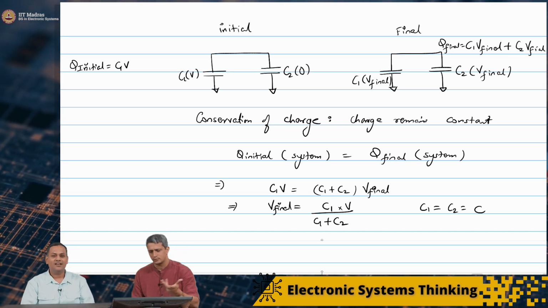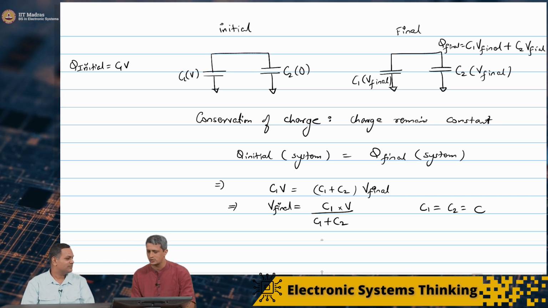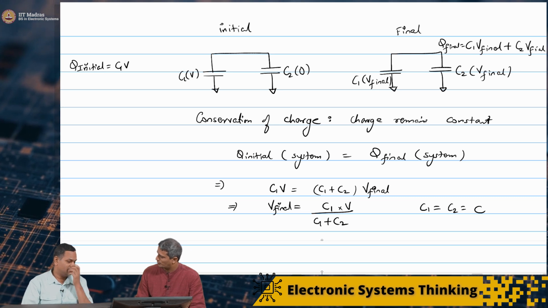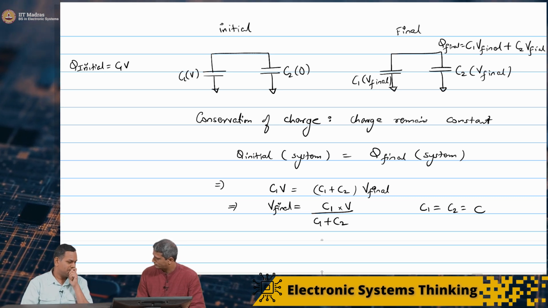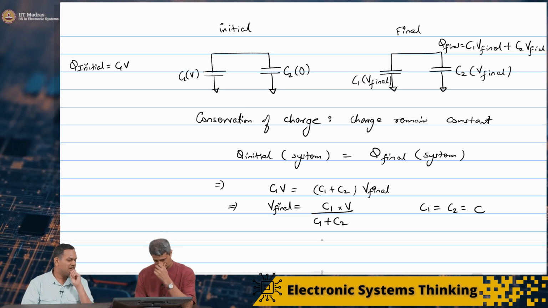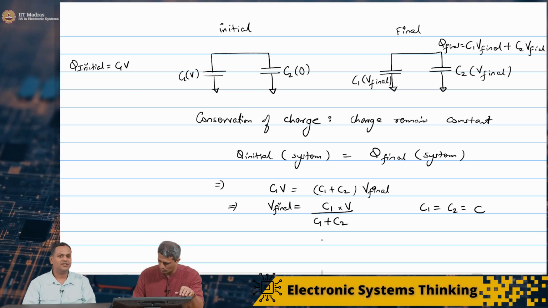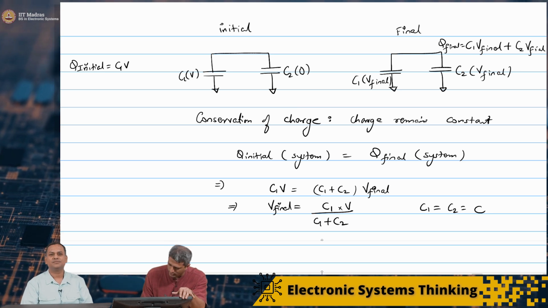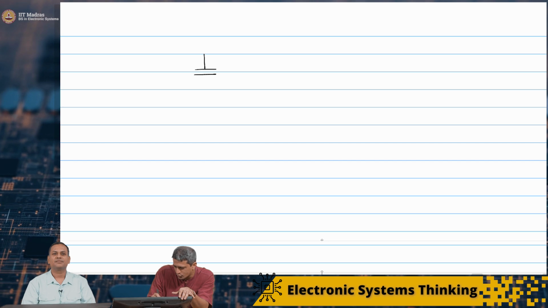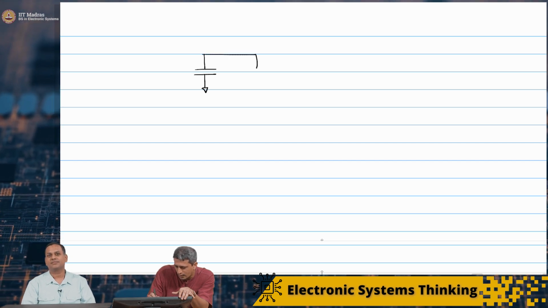We looked at conservation of charge, but what happens to energy? Energy seems to be off, slightly. Let's try it out for the simple case of C1 equal to C2.